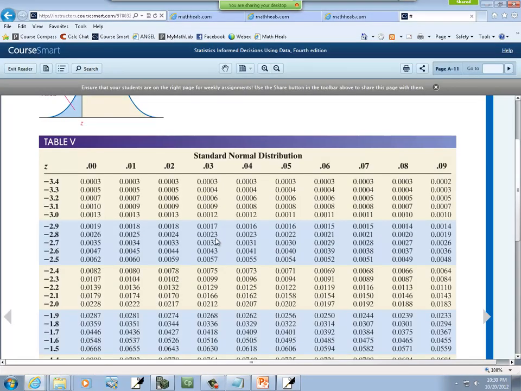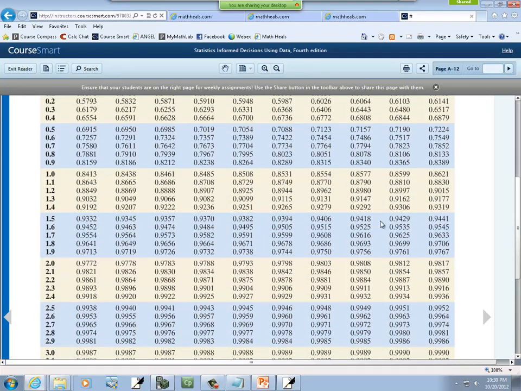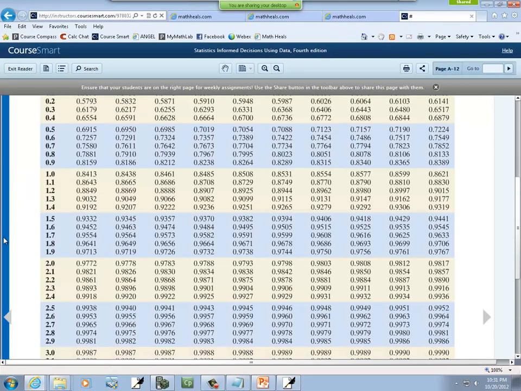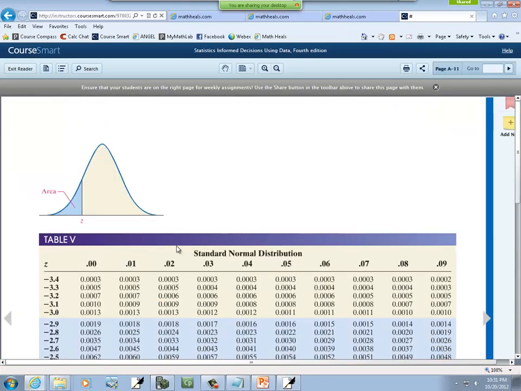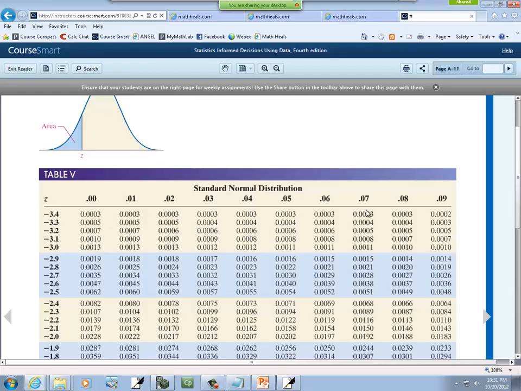Well, let's look up 1.58. Now, the 8 is in my hundredths, so I'm going to look in the 0.08 column. 1.5, and there, 0.9429. I've been working too much today, I think. And then negative 15.81. Well, here's negative 3.49.